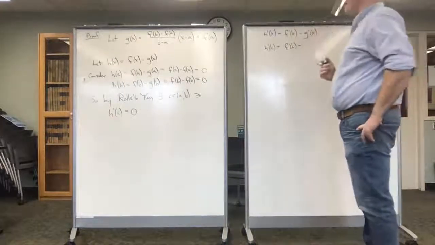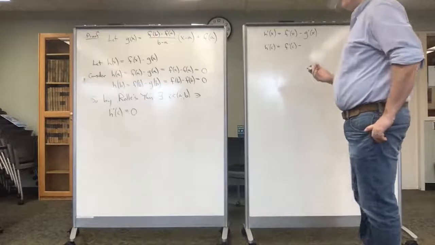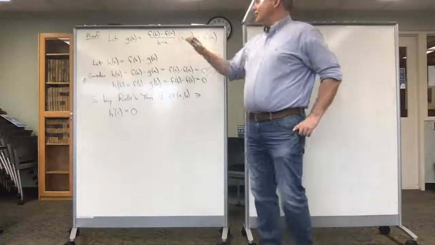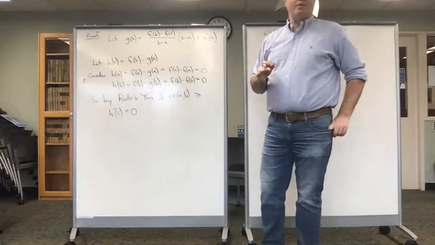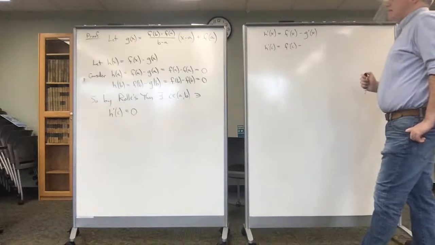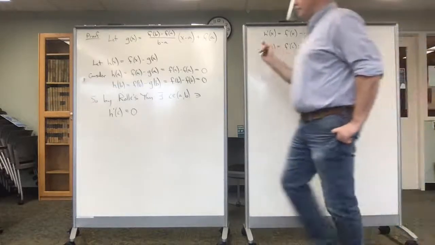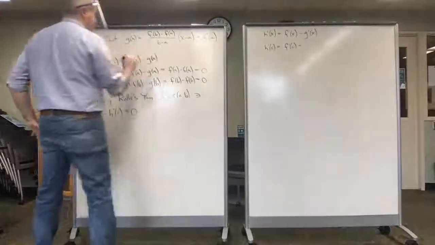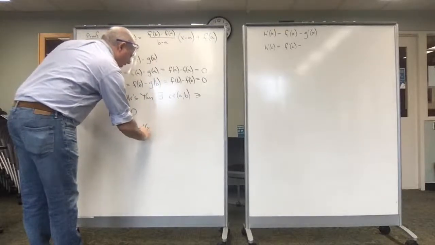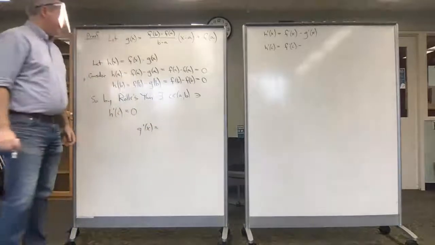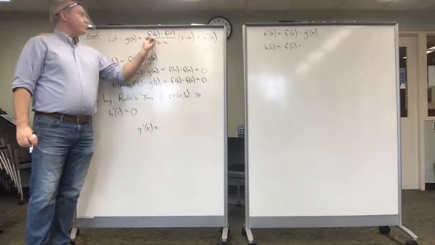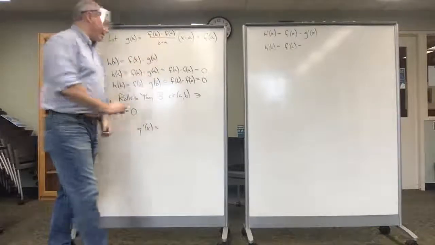What's g prime of x even? Well, we kind of already said that, right? Because I asked you what's the derivative of this thing. If I go back over here and write down g prime of x, it's f of b minus f of a over b minus a.